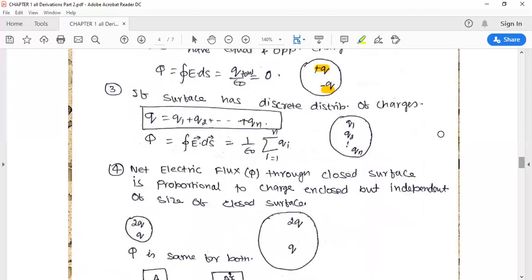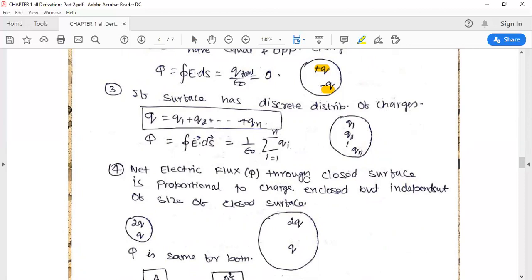Next, if the surface has discrete distributed charges like Q1, Q2, Qn, then Q total is Q1 plus Q2 plus Qn. Then phi equals the integral of E dot ds equals 1 by epsilon naught times the summation of Qi, so the sum of all charges divided by epsilon naught.